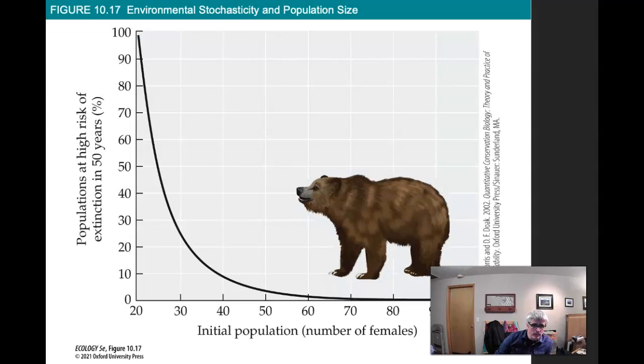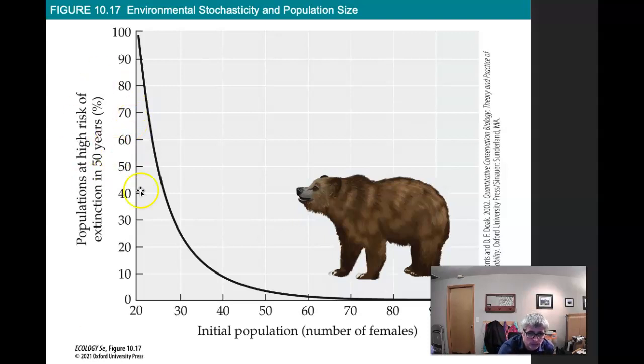This graph plots the risk that the Yellowstone grizzly bear population will be close to extinction in 50 years against the population size of females, studying about 40 years of census data. Researchers found that even if the average population growth rate could lead to explosive growth if it remained consistent from year to year, the risk of extinction increased dramatically with random variation in environmental conditions that dropped the population size to 40 or less.